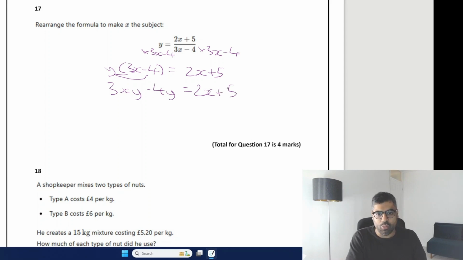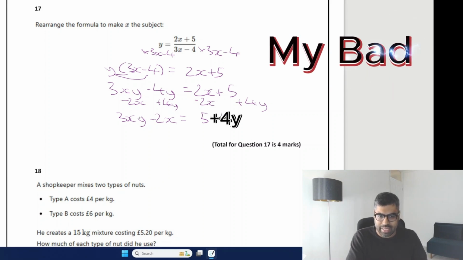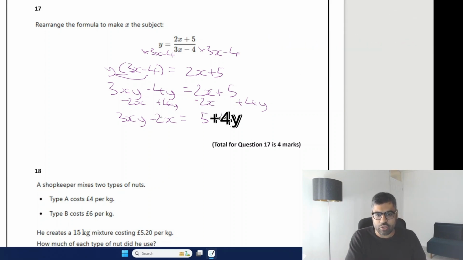I said I want all the terms with x on one side. So we're going to do minus 2x to both sides here, and we're going to do plus 4y to both sides here. So we have 3xy minus 2x equals 5 minus 4y. Now we have x in two places, but we can resolve that simply by factorizing x out.